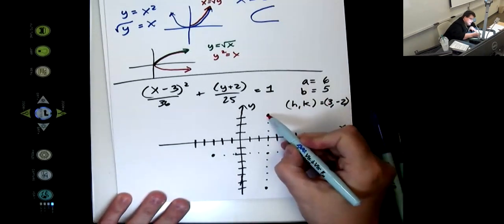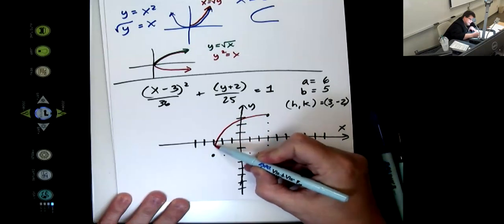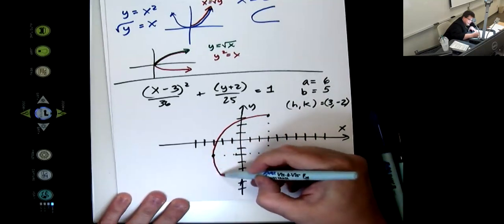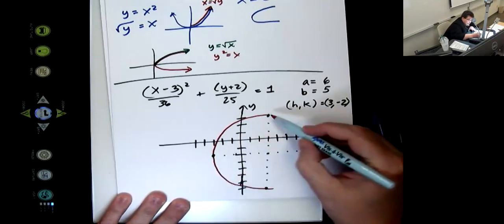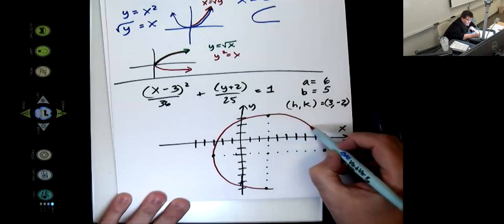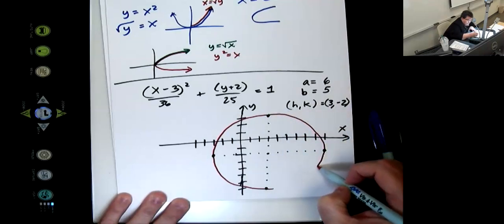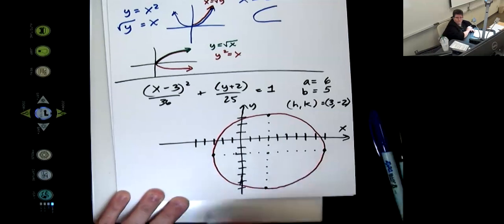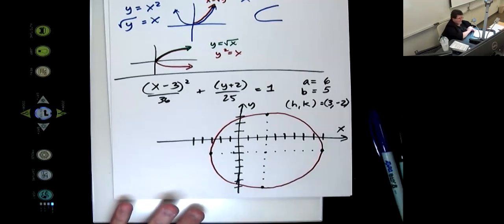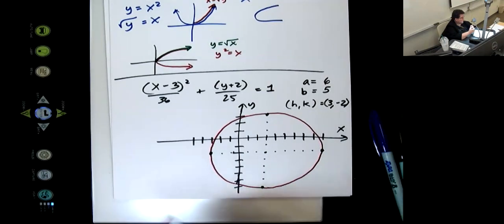And then we make a little curve to connect it. And it looks close to a circle.